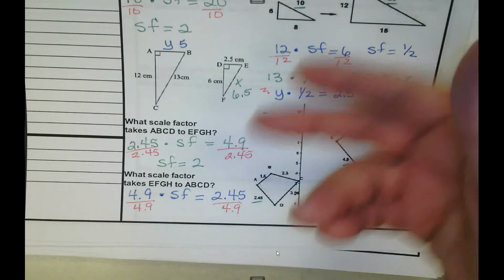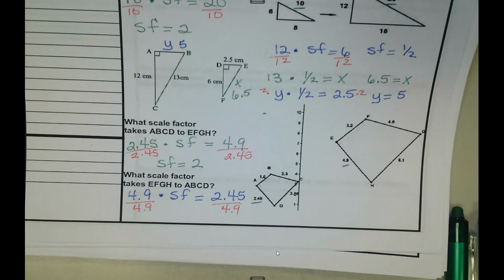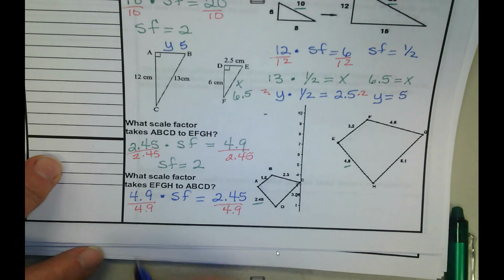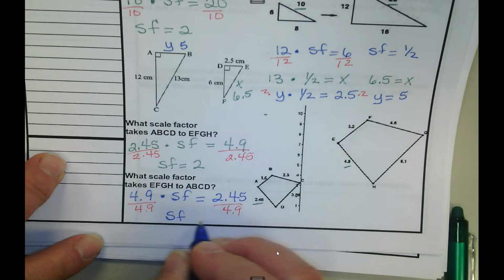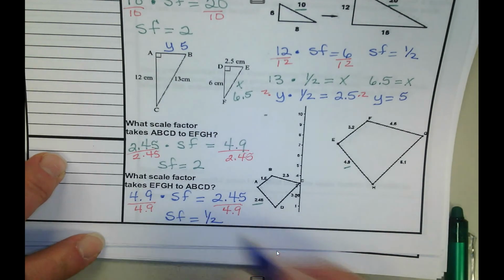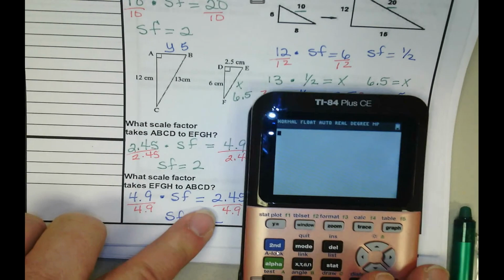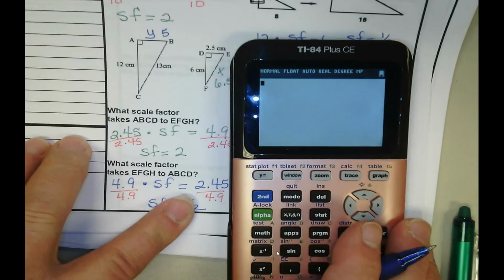We've taken this and we've flipped it upside down. When we flip a fraction upside down, what do we call them? They're called reciprocals.